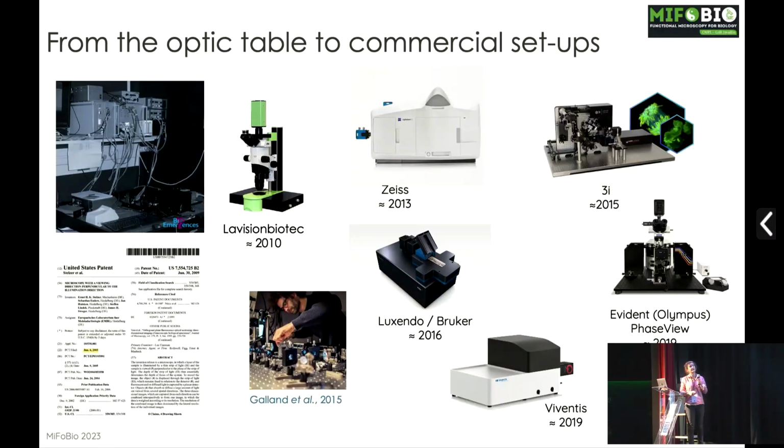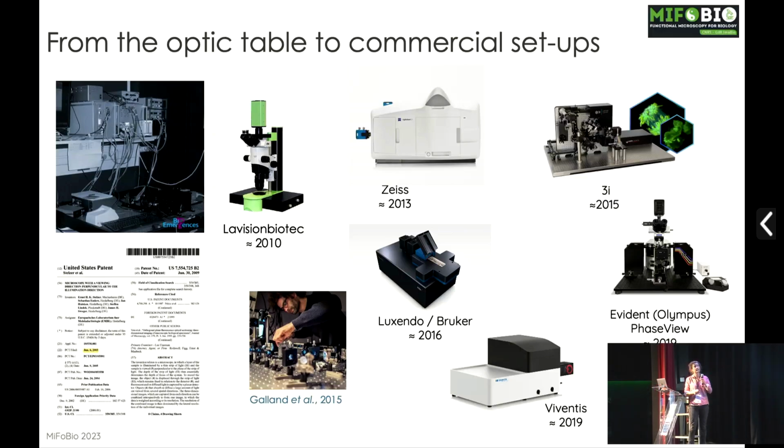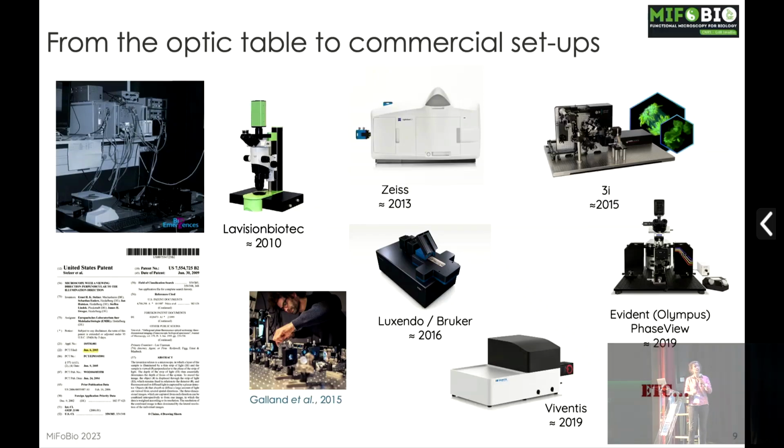And here you can see the huge diversity of the setups that you can get, from something quite simple but very useful and versatile, including for big samples, to the Zeiss Z1 that, of course, everybody knows, a box including everything, and especially the environmental control of the conditions. Of course, the Luxendo and Viventis that are kind of close, and the PhaseView.